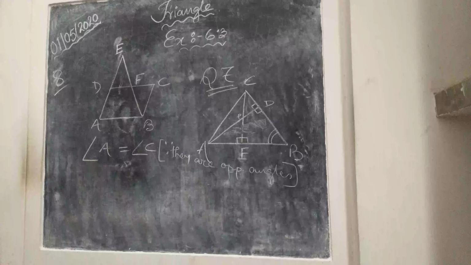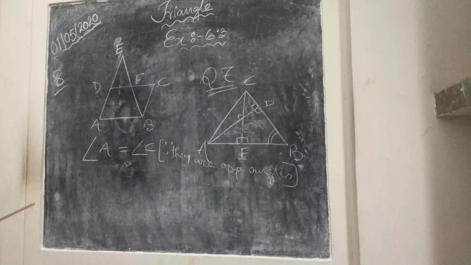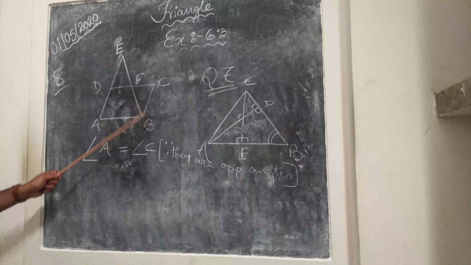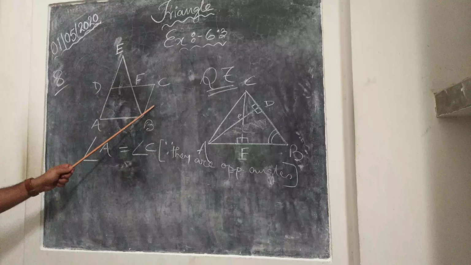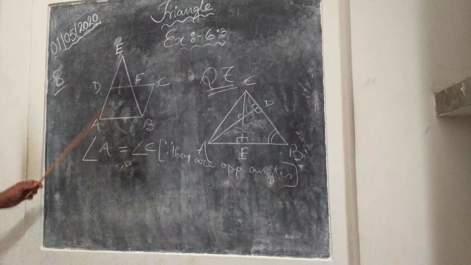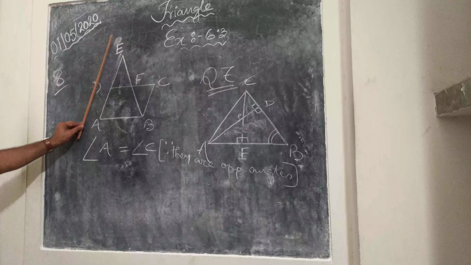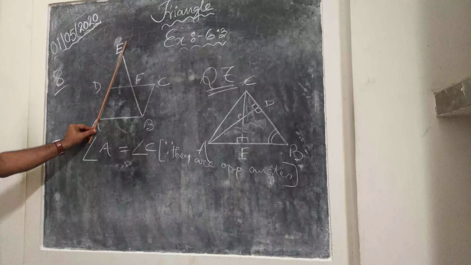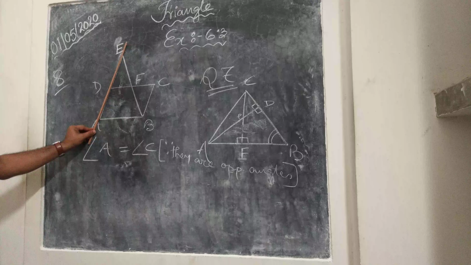Got it? Now next you see AD parallel to BC. AD parallel to BC. Now what they are asking is a point on the side AD produced of a parallelogram ABCD. If AD is parallel, that means AE is also parallel, because if a part is parallel, then the whole will be parallel.